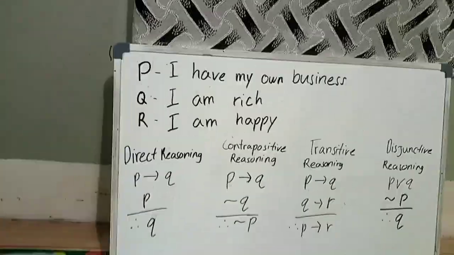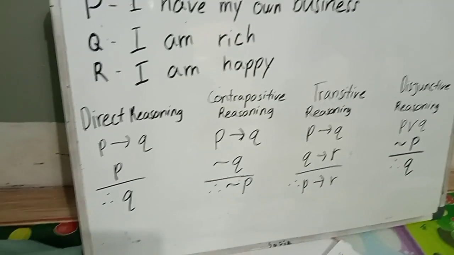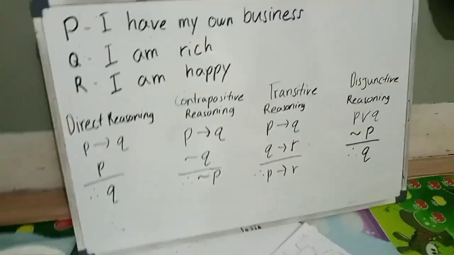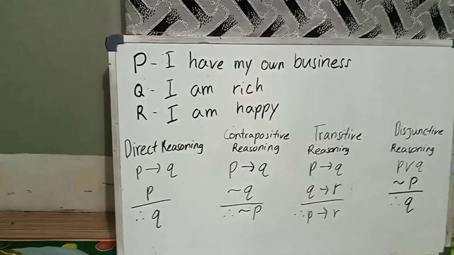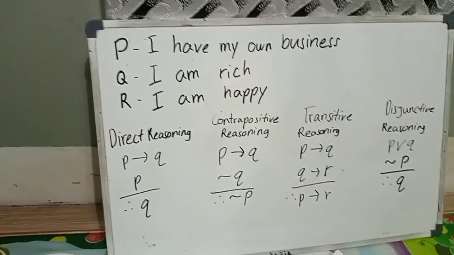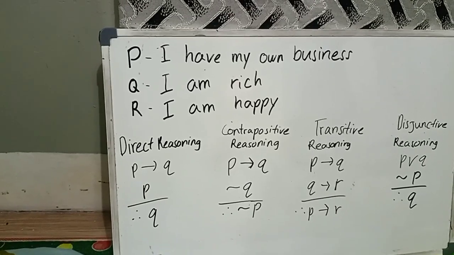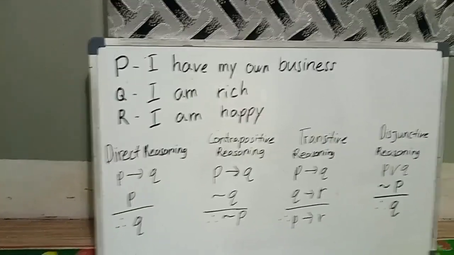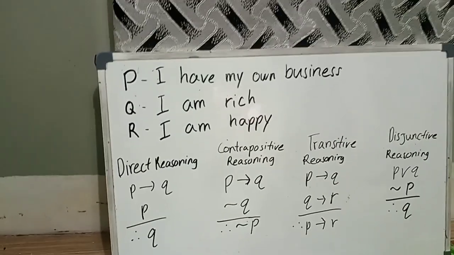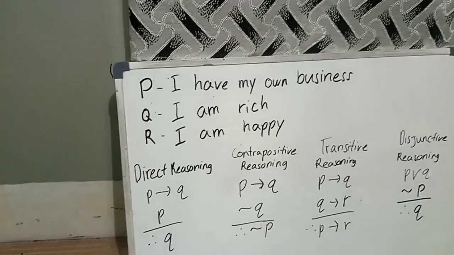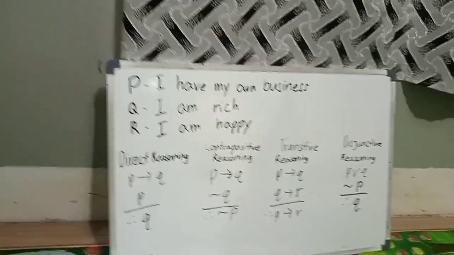So if I have my own business, then I am rich. Q or R, I am rich or I am happy. Therefore Q or P, I am rich or I have my own business, is a valid statement according to the truth table.